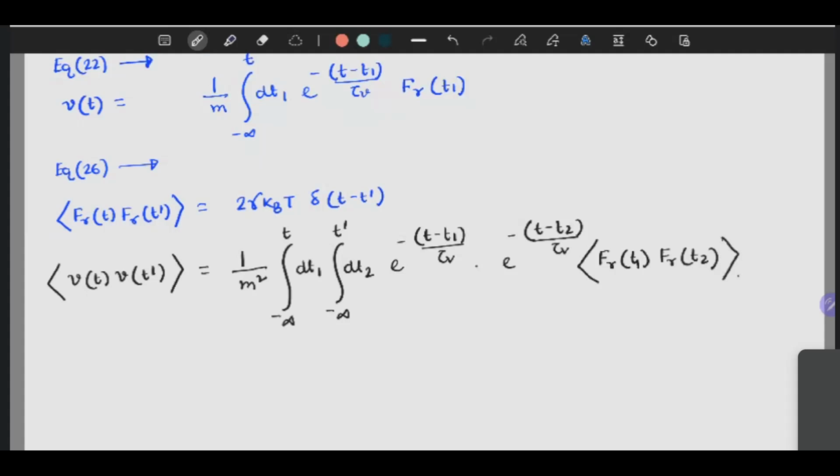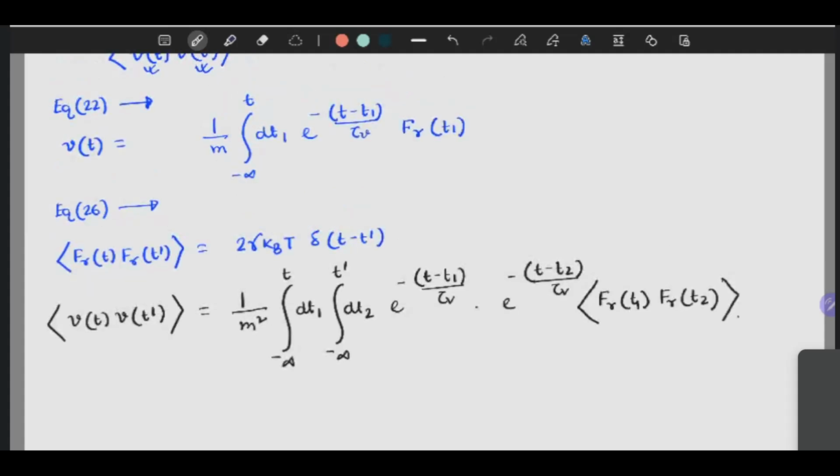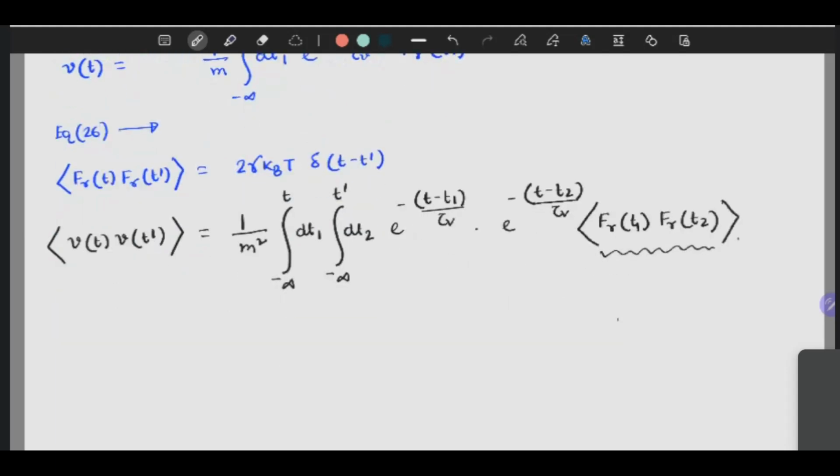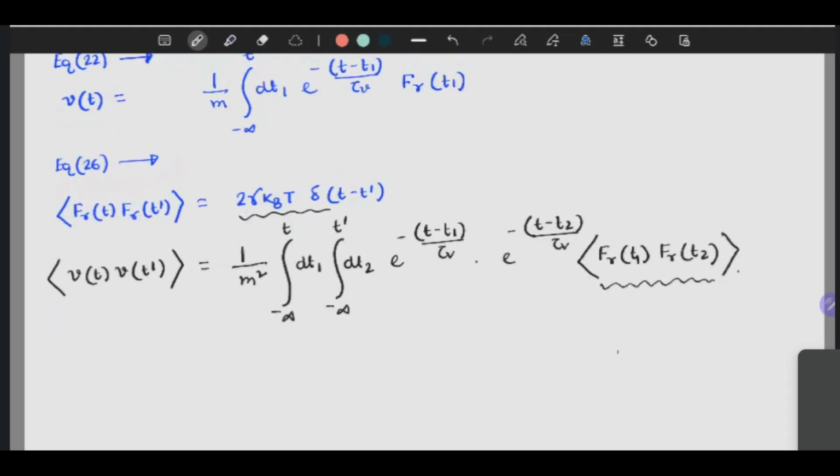So you understand this point. This V(t) and V(t'), first we will take the product. If you write this, it will be the product without the angular brackets, and the average will be over this random force. Now what is this average? This is this term where t is replaced by t1 and t2 replaces t'.